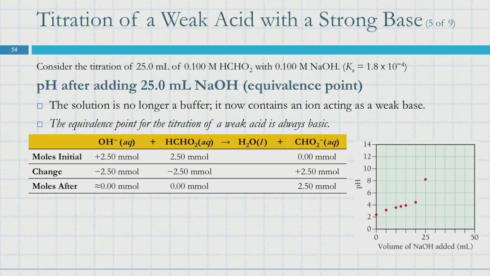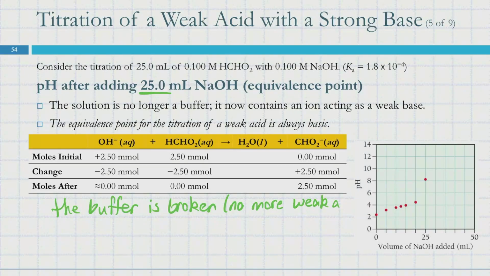And then at our equivalence point, we've added 25 milliliters of sodium hydroxide. The buffer has been depleted, since we have no more weak acid. And we just have our conjugate base acting as a weak base.